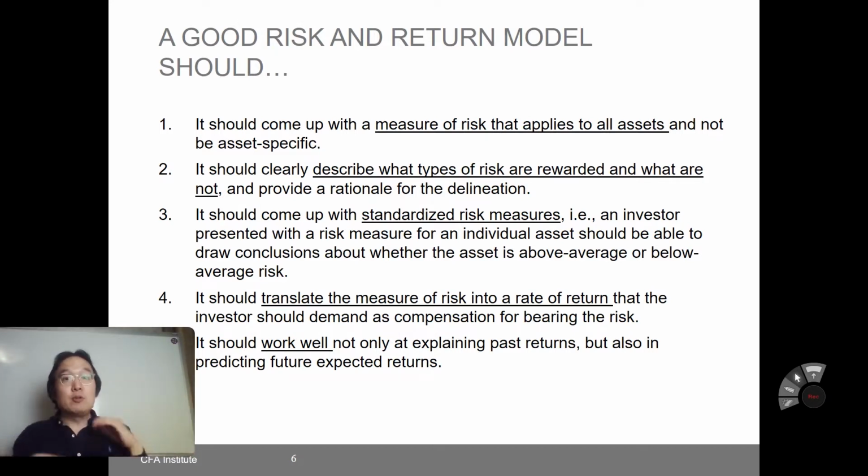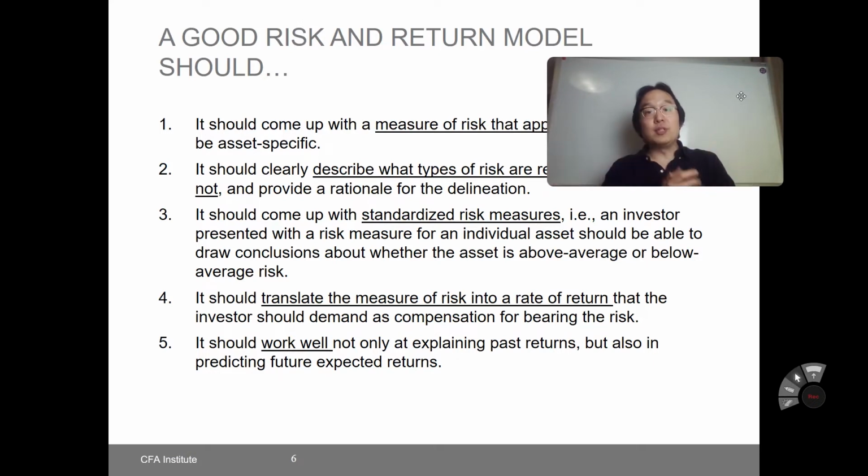And then we should come up with a standardized risk measure, i.e. an investor presented with a risk measure for an individual asset should be able to draw a conclusion about whether the asset is above average risk or below average risk, so that you can take some relative positions of a long-short portfolio. It should translate the measure of risk into a rate of return that the investor should demand as compensation for bearing that risk.